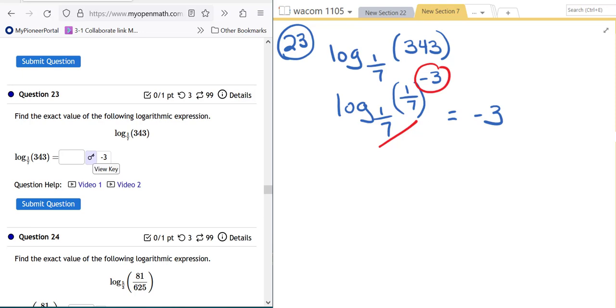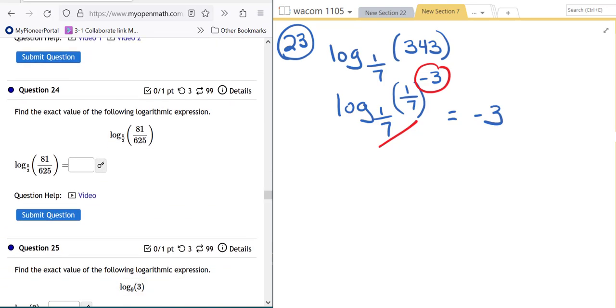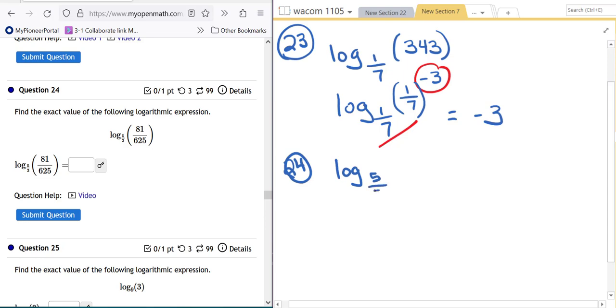Good. All right, 24. This one's a little tricky. The log base 5/3 of 81 over 625.